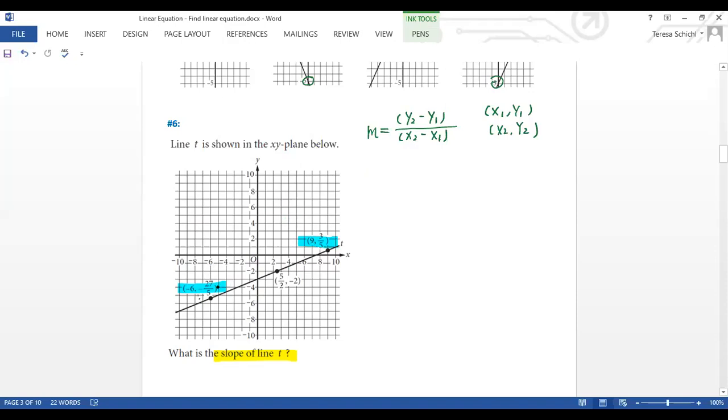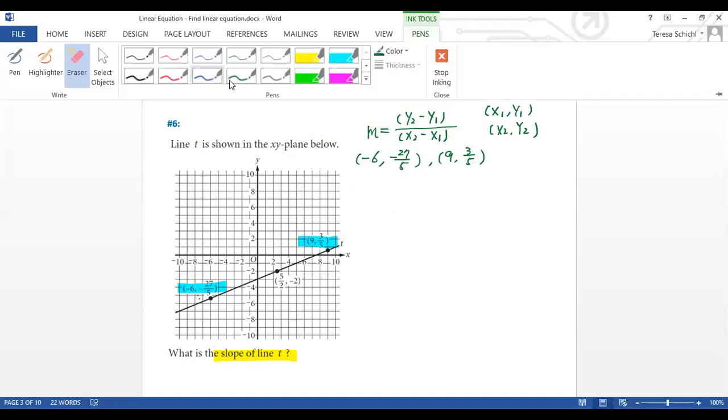But if you look at it carefully and pick the points more carefully, you might be able to simplify the calculations. So I'm choosing these 2 points: -6, -27/5, and 9, 3/5. Now I'm going to plug it into the formula.